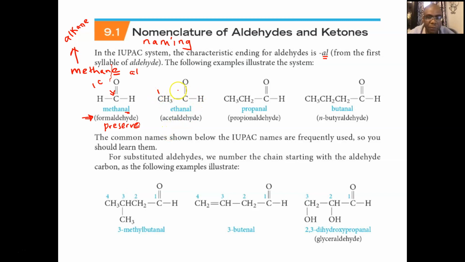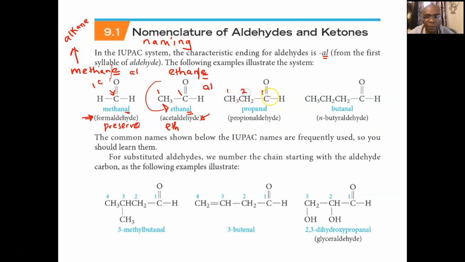This one has 2 carbons, so we give it the prefix eth-. If it were an alkane, it would have been ethane. So we take the e, replace it with -al. You end up with the name ethanal because it's an aldehyde. Common name acetaldehyde. This one has 3 carbons, and we start numbering from the carbonyl.